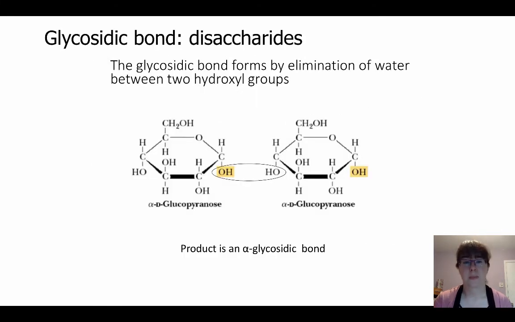When we do form a glycosidic bond, this is going to be another dehydration reaction where we're eliminating water between two hydroxyl groups. And when we're looking at this, because again we are using only one anomeric carbon, we're using that from a glucose residue. So these are just two glucose residues.